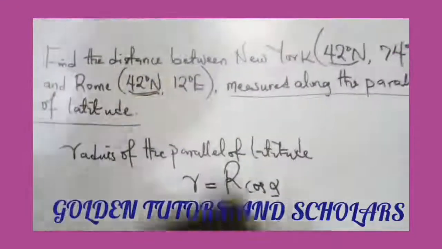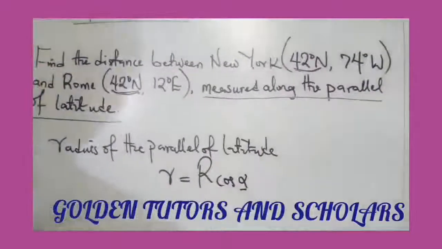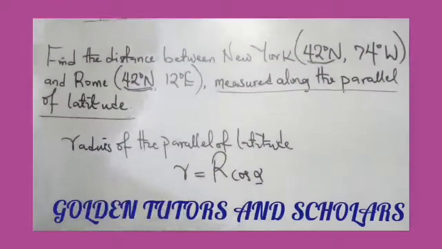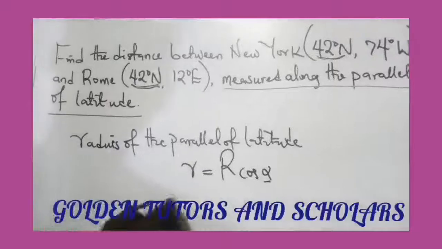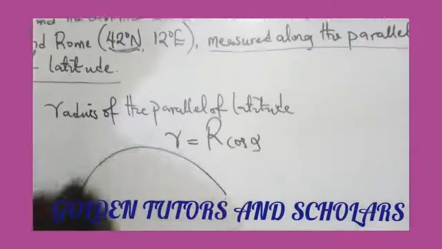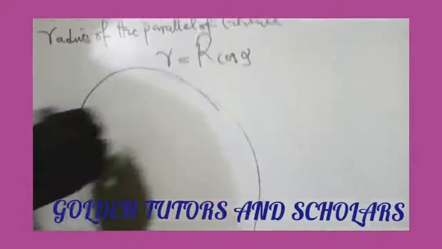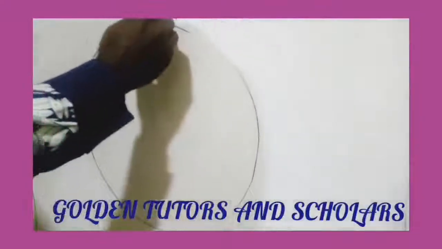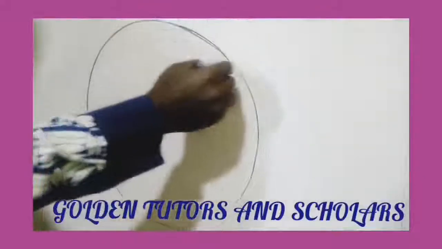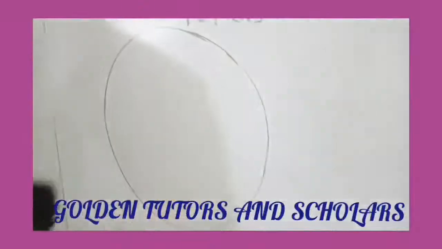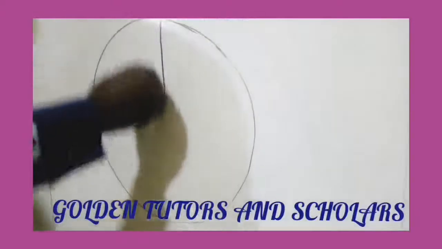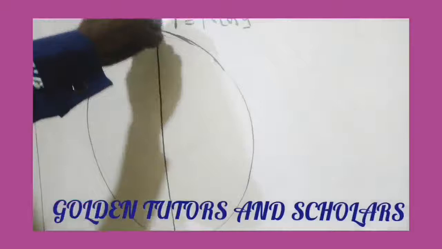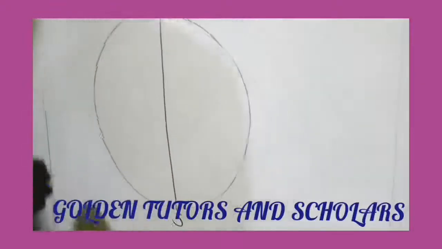Now, to answer this question, the first thing we need to do is draw the spherical shape of the earth. Let's take this to be the spherical shape of the earth. Of course, we must locate our polar axis, which runs from the north to the south.